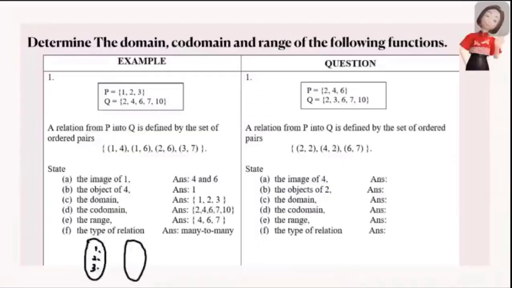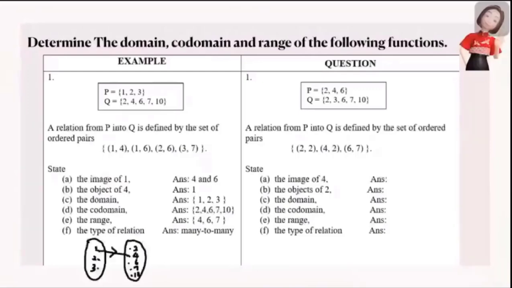So here 1 to 4. So 1 to 6. So adalah satu kepada banyak dah. 1 to many dah. Then 2 and 6, then 3, 7. So dia pun ada macam mana? Banyak kepada satu. Satu kepada banyak. Apabila combine the two, so your relation is many to many. Okay, that's how you determine the relations.